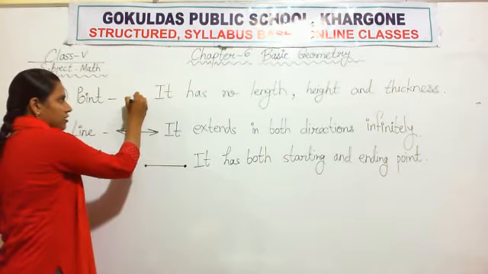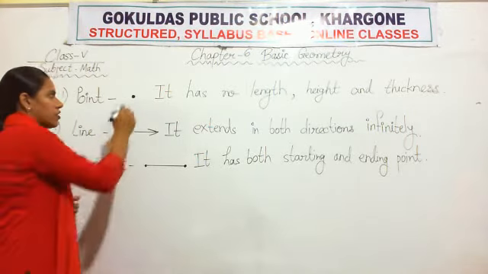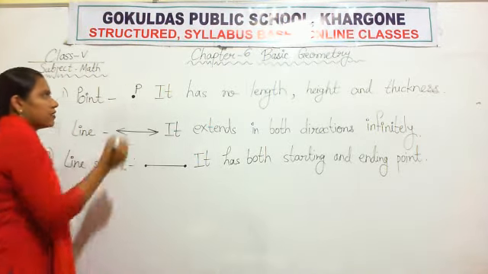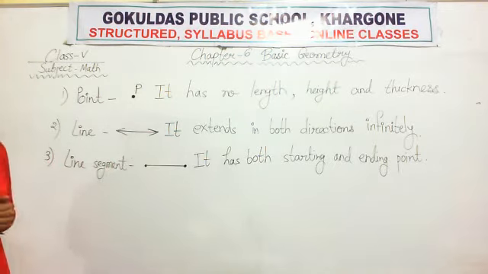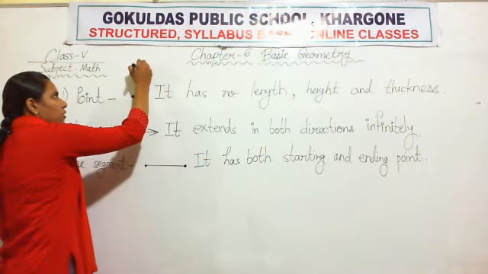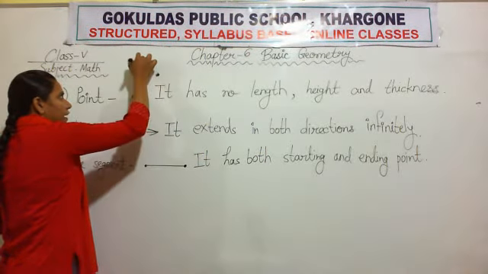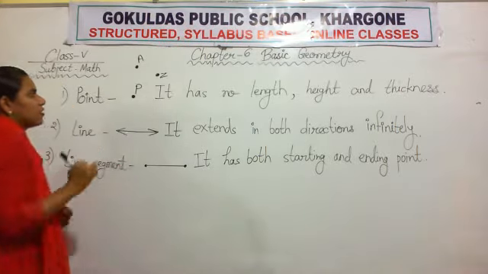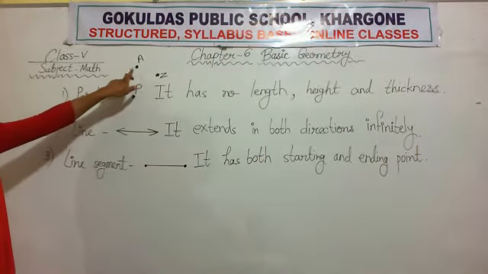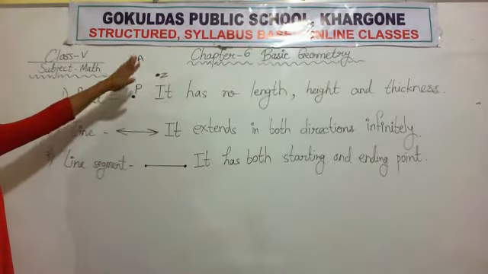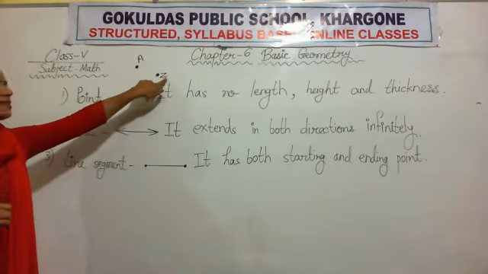Suppose it is a point, I want to give a name to it, so I can name it P. If 2 or 3 points are there like this, I can give any alphabet, A, Z. So how will I read these points? Point A, point P, point Z.